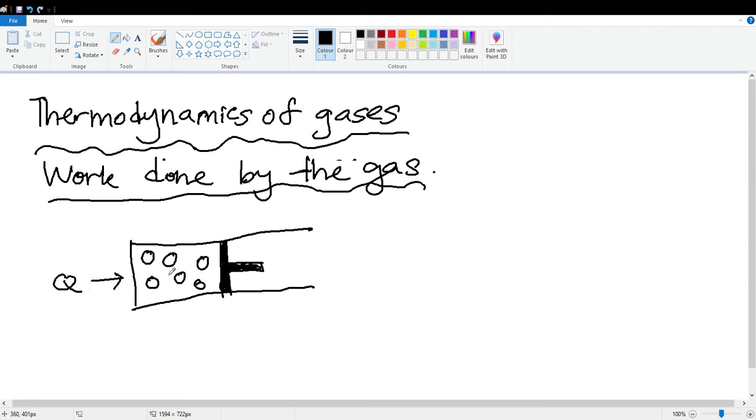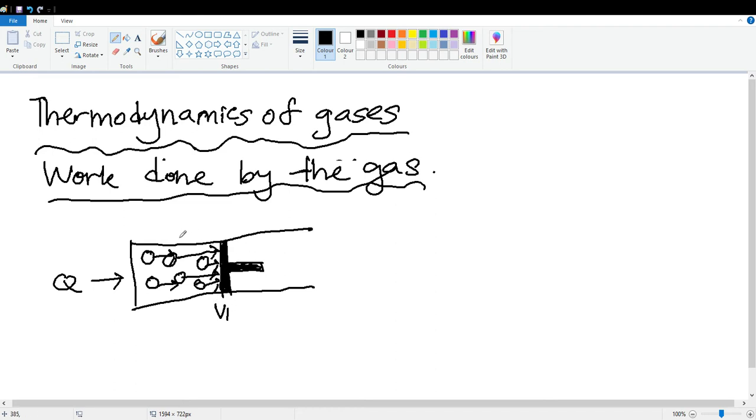We know that if the temperature of the gas molecules increases, the gas will gain more kinetic energy. As the gas gains more kinetic energy, the gas molecules will eventually collide with the wall of the piston. Let's say I have my initial volume, which is V1.